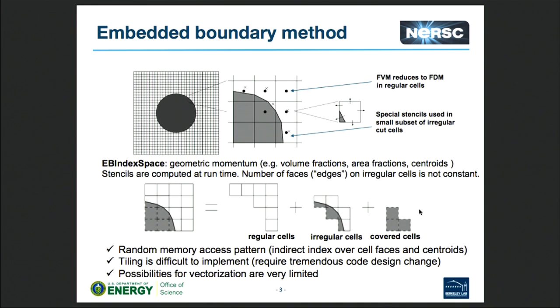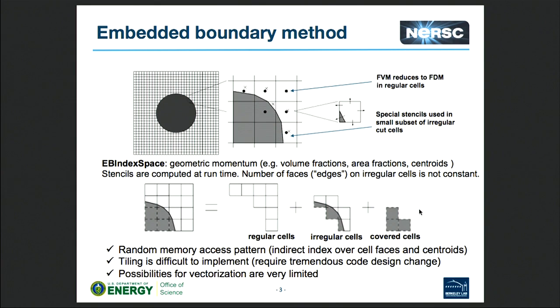We have rectangular cells, and we have cuts by planes due to the solid geometry, and we have three sets of cells: regular cells, which are filled only with fluid; irregular cells, which have both solid phase and fluid; and covered cells, only solid phase. Different index spaces are used for regular cells and irregular cells.